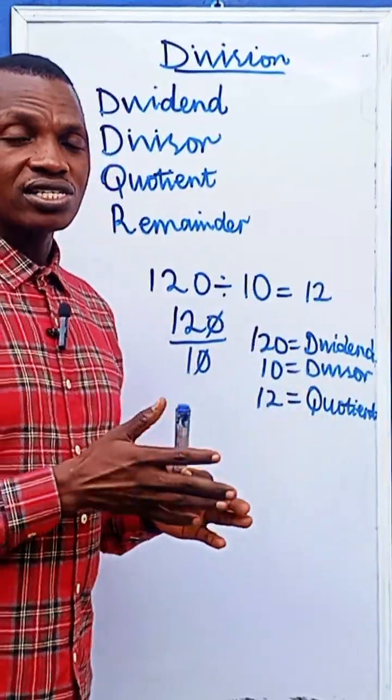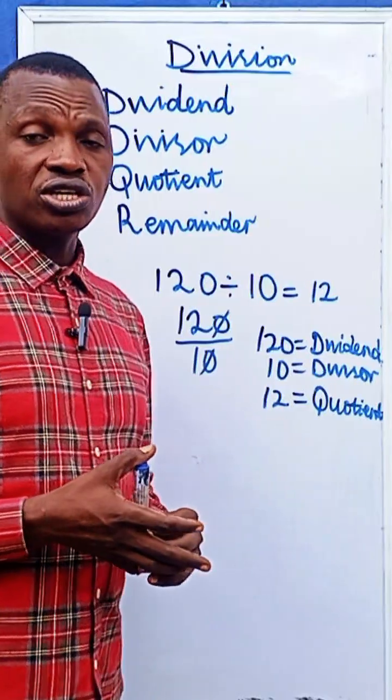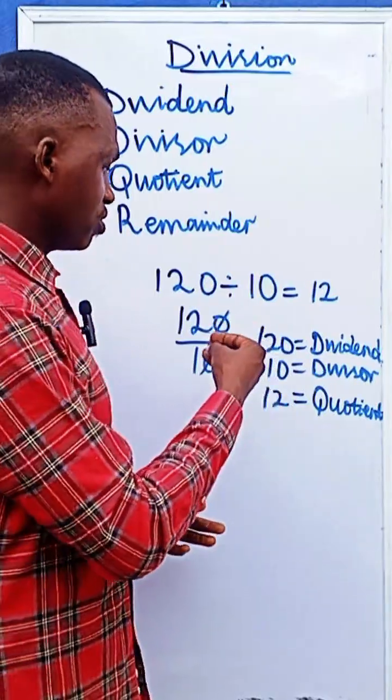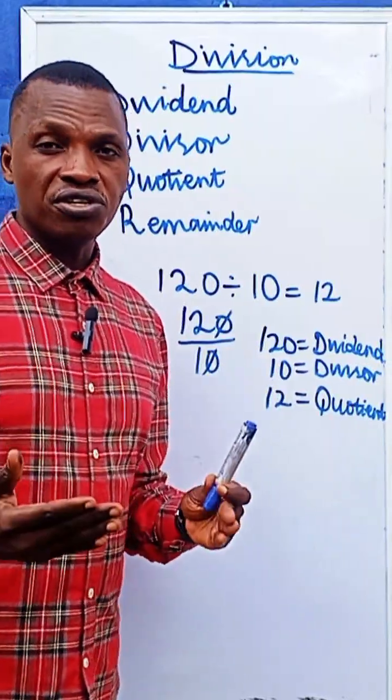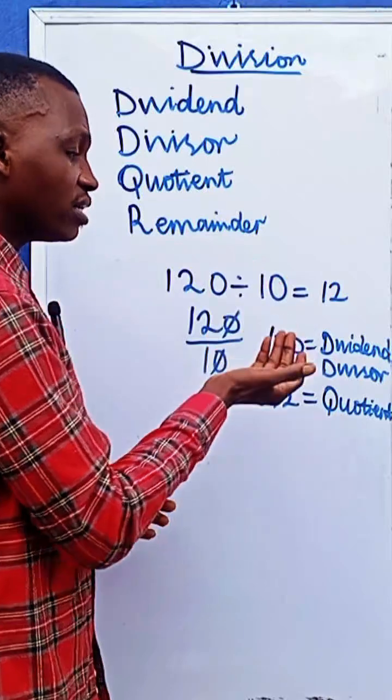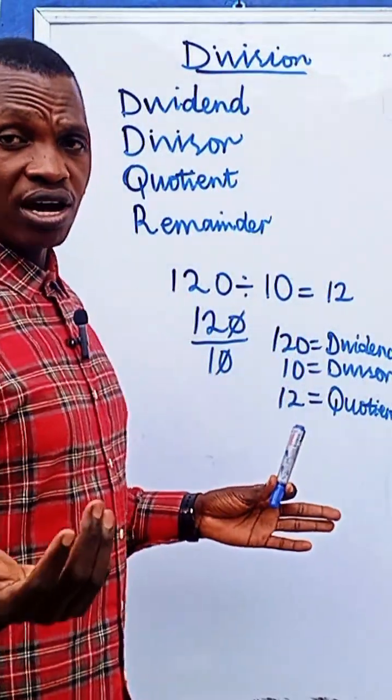So by understanding that, it makes it easy for you, as a child or as an adult, to understand solving division. Then you can also have a remainder.